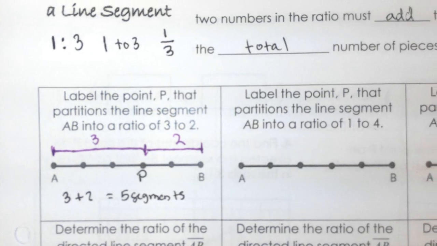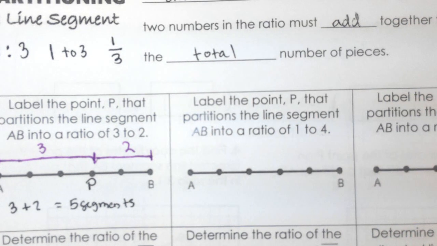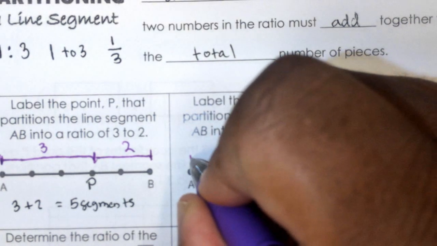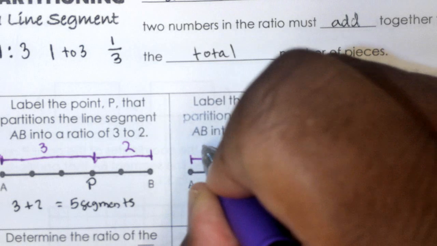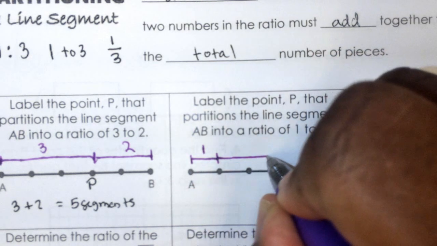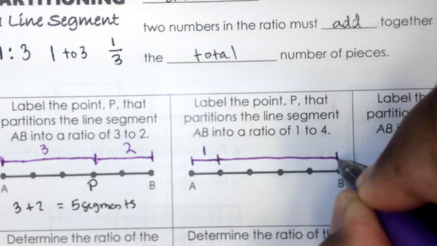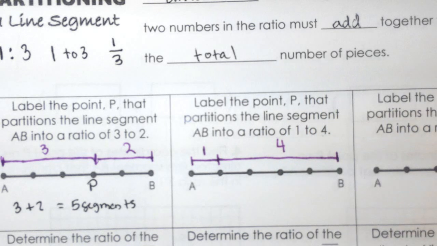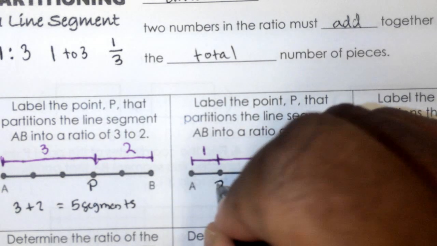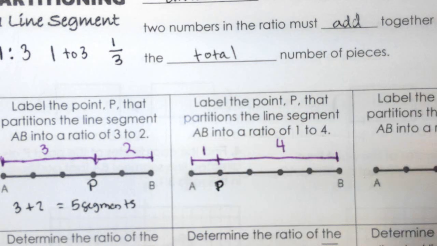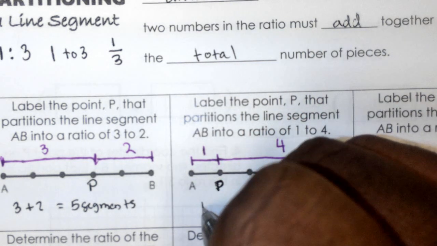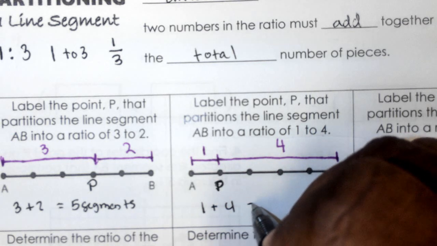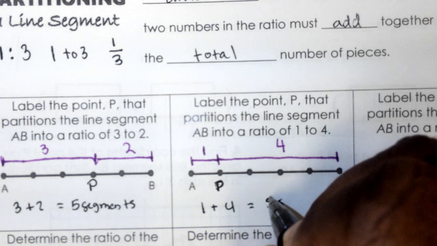The second one, they want me to split 1 to 4. That's my 1 to 4 split. My partition point P will be right here. Total number of segments, 1 plus 4, 5 segments.